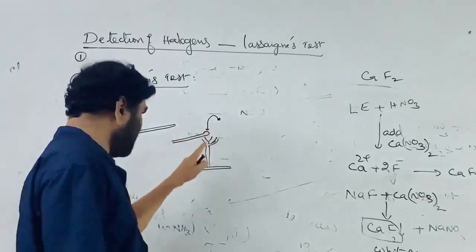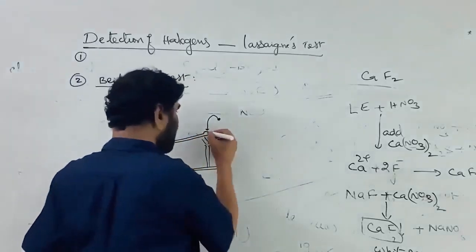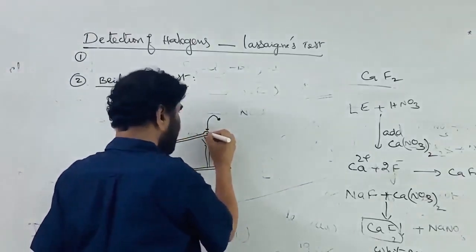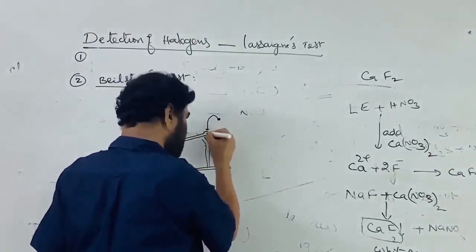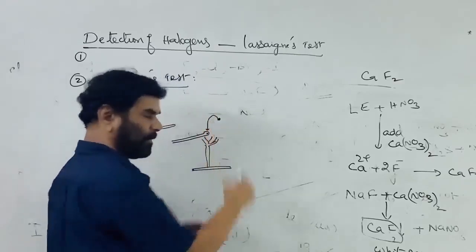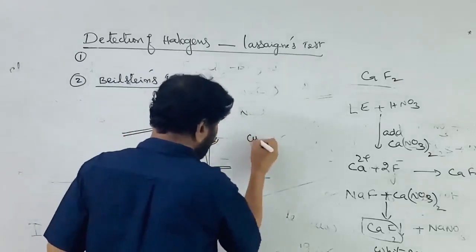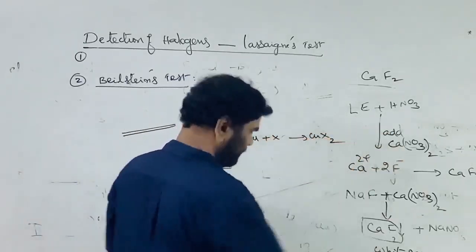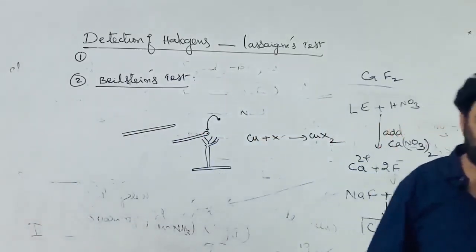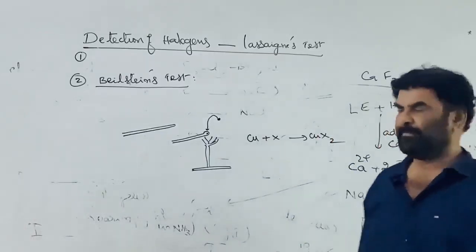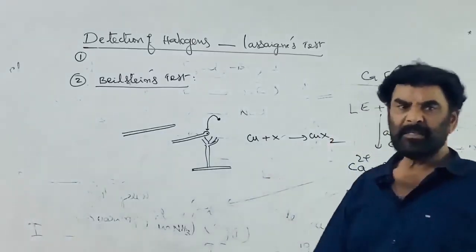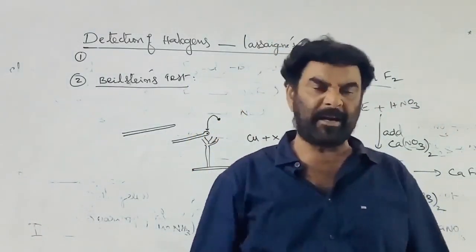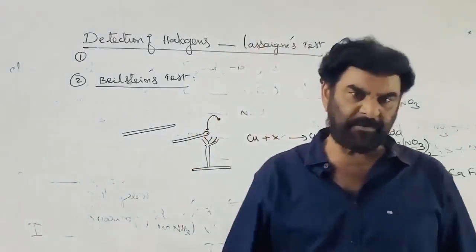During the heating, what happens? The copper on the wire reacts with the halogen in the organic substance and converts it into copper halide. The given organic compound is placed on the flat end of the copper wire and strongly heated on the Bunsen flame.